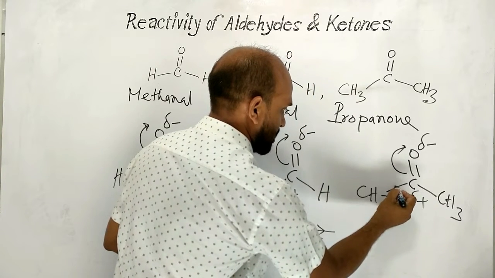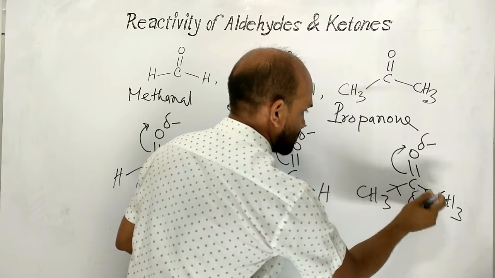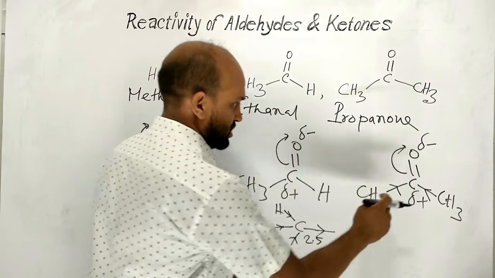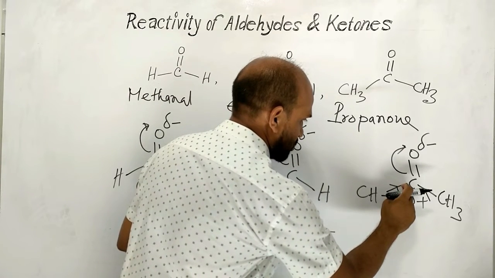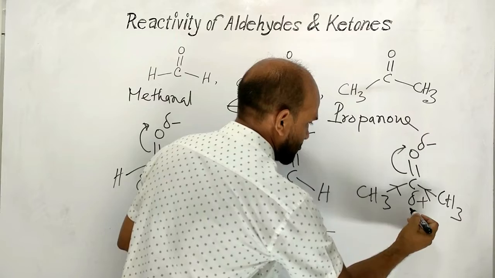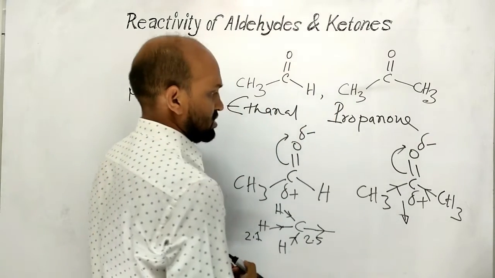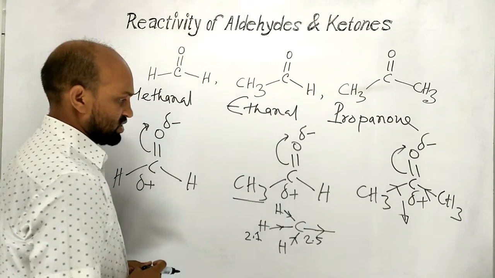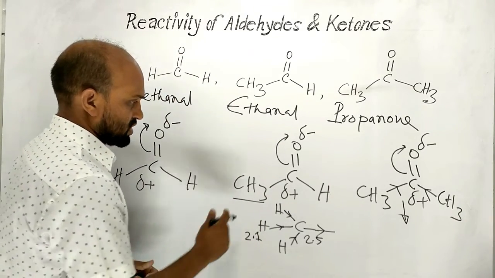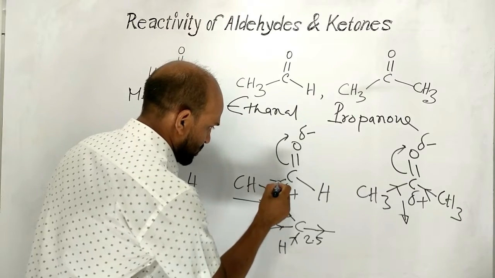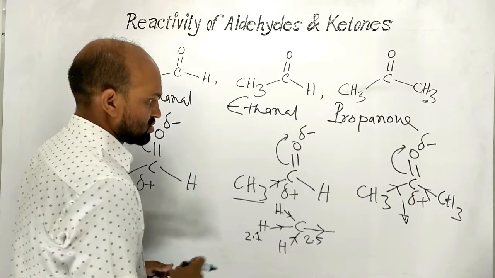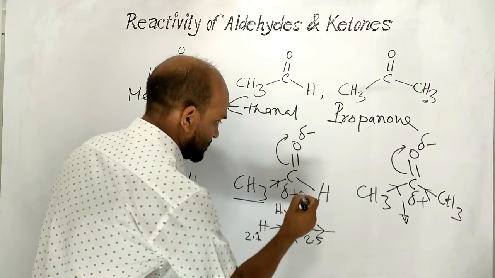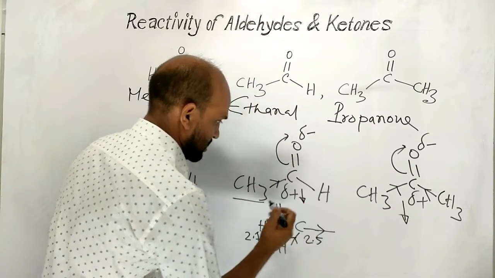These are donating electrons to positively charged carbonyl carbon. That is why the charge density over carbonyl carbon is decreased. Here there is one methyl group, an electron donating group. So it donates electrons towards positively charged carbonyl carbon. So its positivity decreases as well.